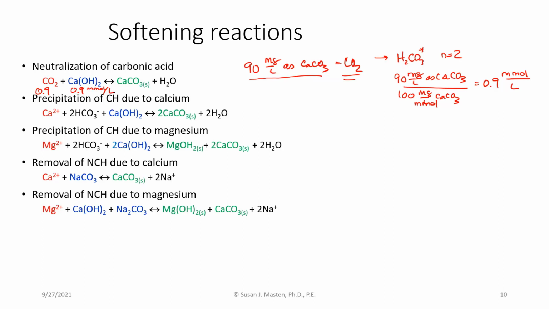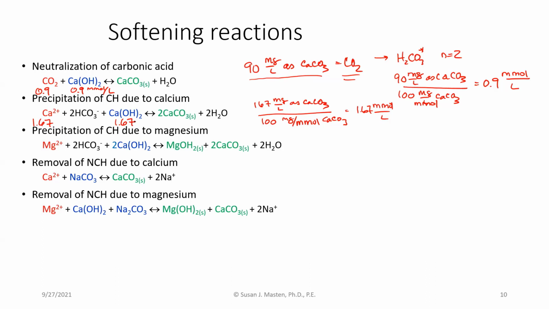We said that the carbonate hardness due to calcium was 167 milligrams per liter as calcium carbonate. We're going to do the same thing, divide that by 100 milligrams per millimole, and that is equal to 1.67 millimoles per liter. We need a 1:1 ratio, so we need 1.67.